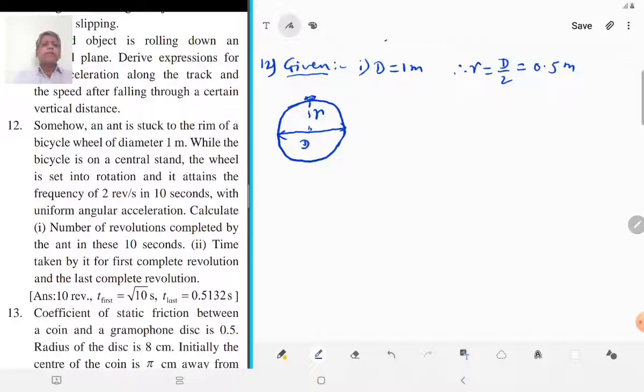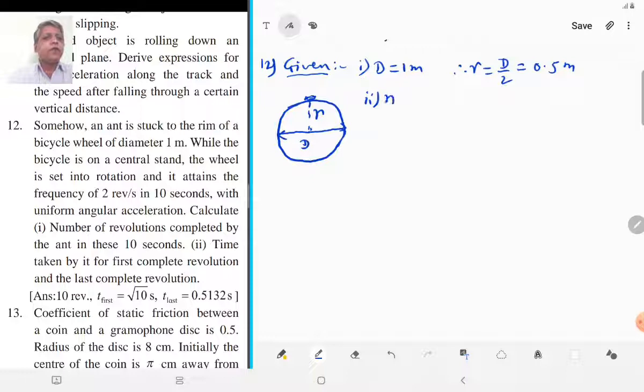In the second sentence, while the bicycle is on a central stand, the wheel is set into rotation. That means initially the wheel is at rest. So the initial frequency is 0. That is the second point.